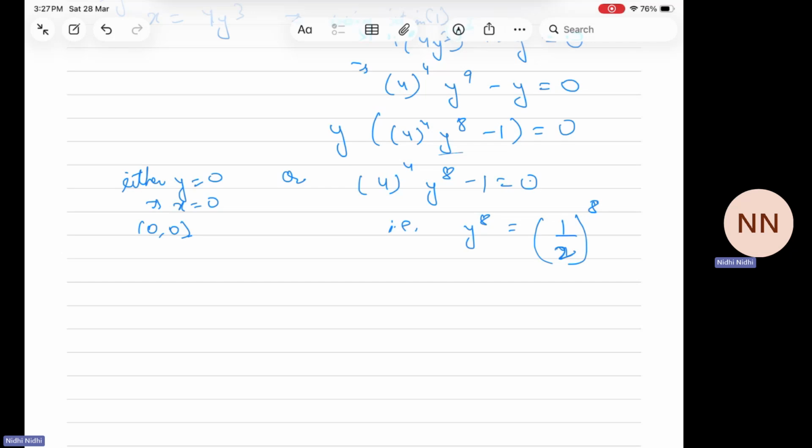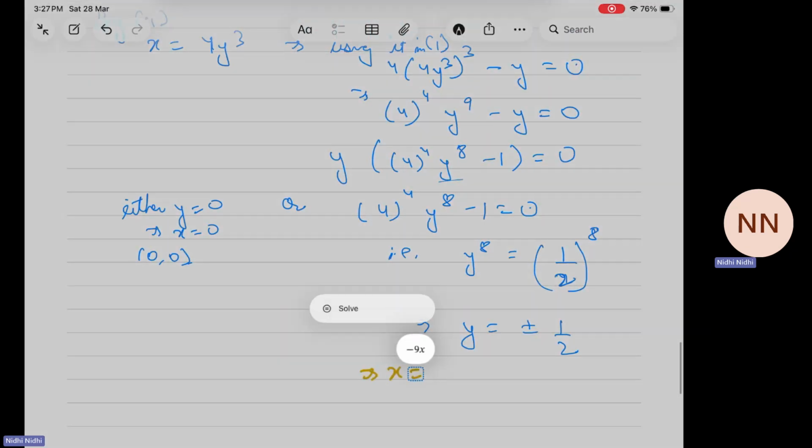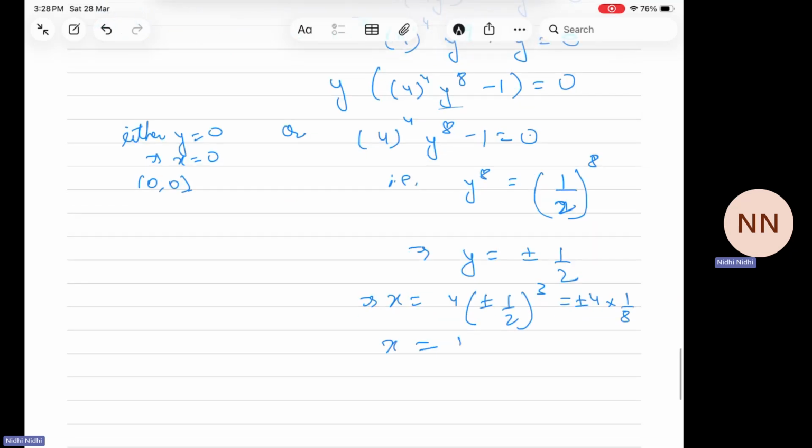So that gives us y equals plus or minus 1 by 2. And hence x, which is equal to 4y cubed, is 4 times (plus or minus 1 by 2) cubed, which is plus or minus 4 times 1 by 8. So x is plus or minus 1 by 2.